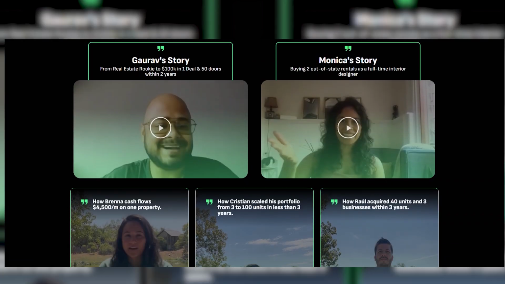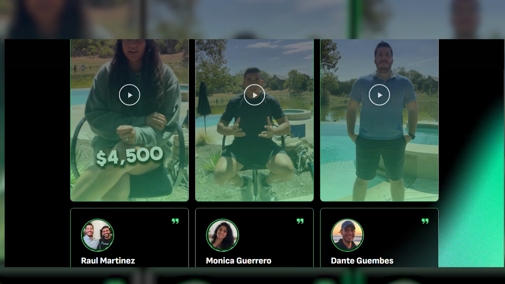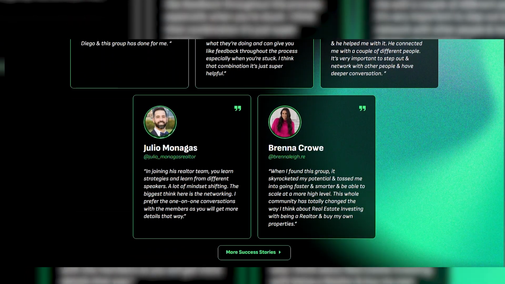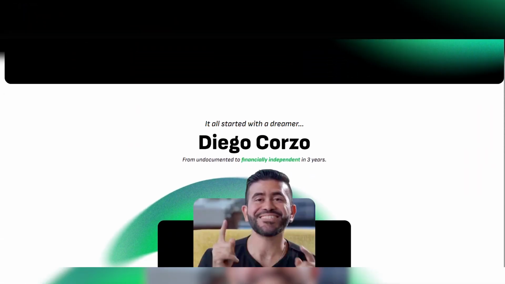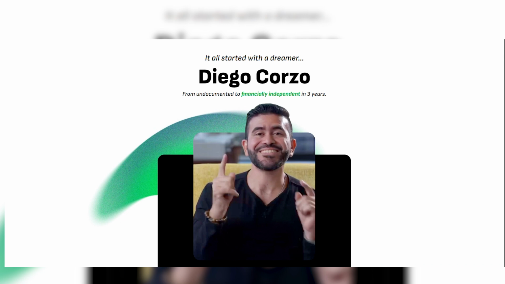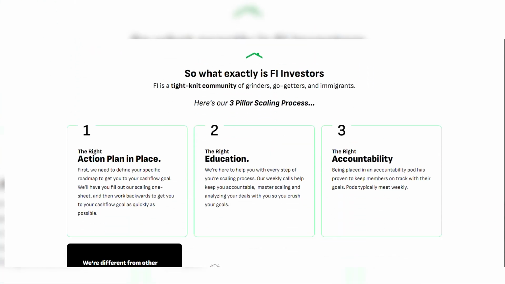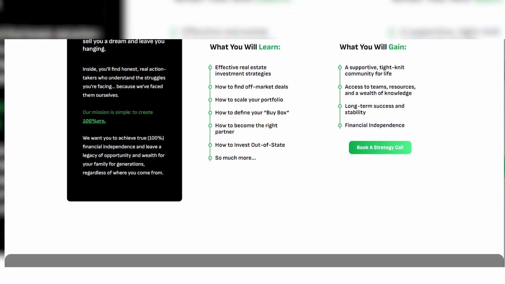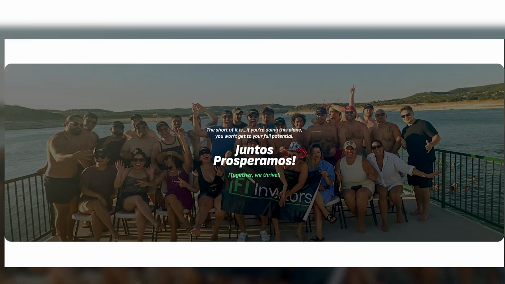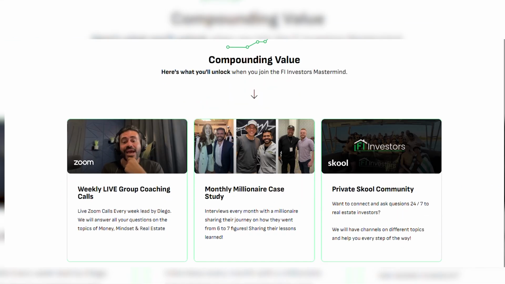So the idea here is that we will give you all of the tools so that you can analyze the deals the right way, analyze the markets the right way, and know basically what we were chatting about in the strategy part. When you're analyzing deals, it's also important to note if that market is good for appreciation or for cash flow, right?